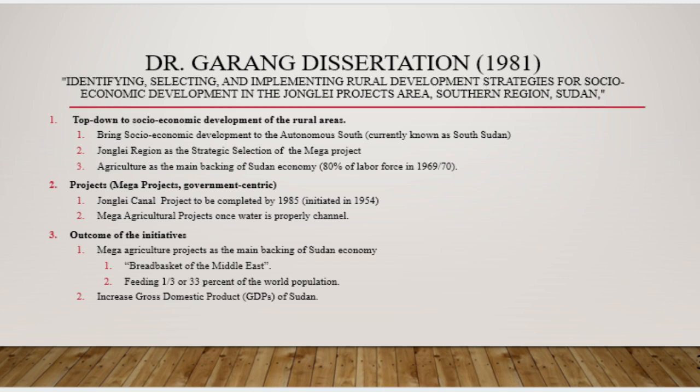So the first one is the mega agriculture I mentioned earlier, having those mega agriculture projects be the main backing of the Sudan economy. As mentioned earlier, 80% of the people were employed in the agricultural sector. So Sudan was trying to expand that sector so it could have a strong economy, a strong backing.